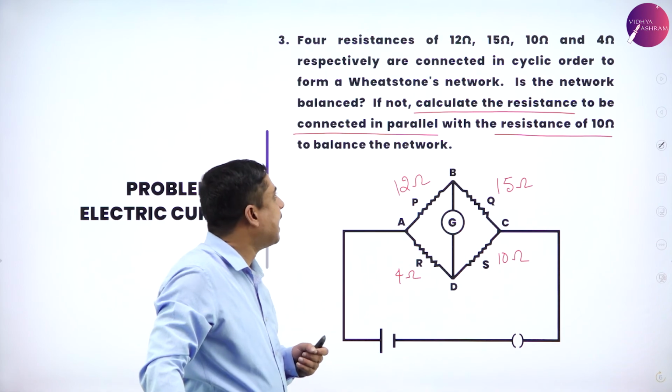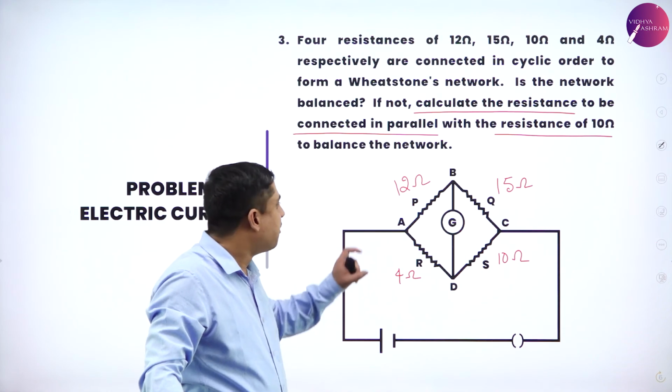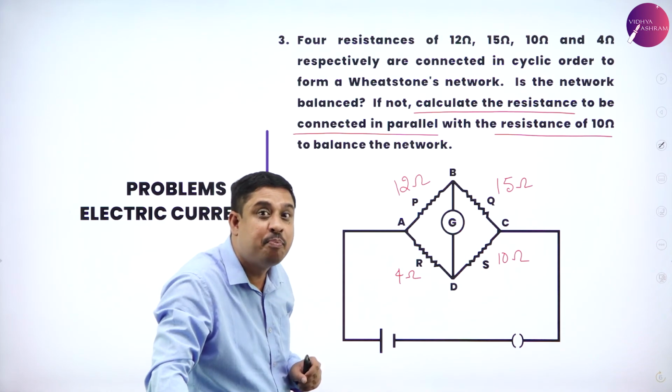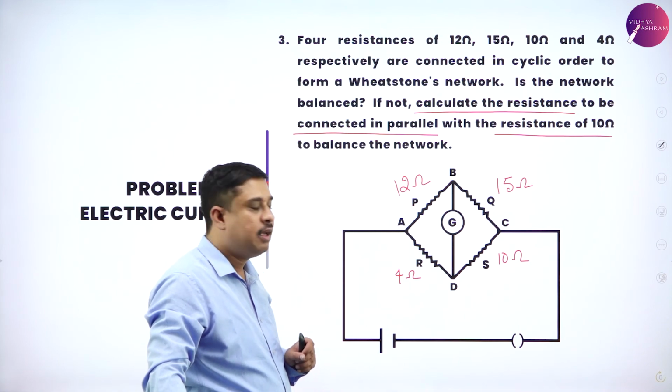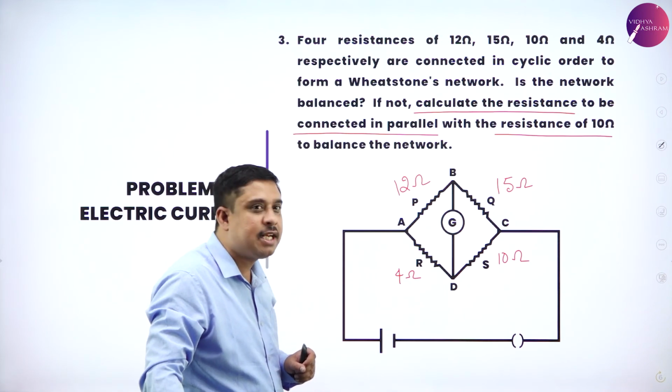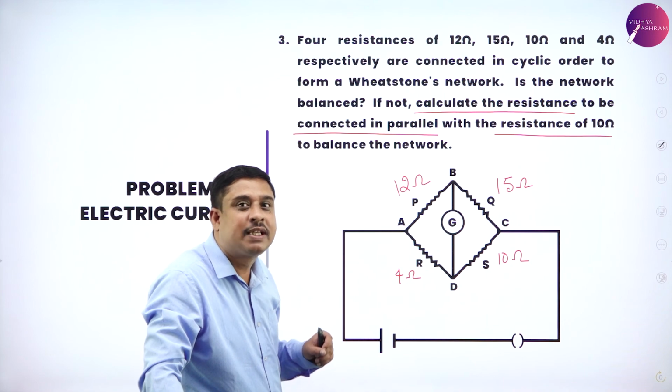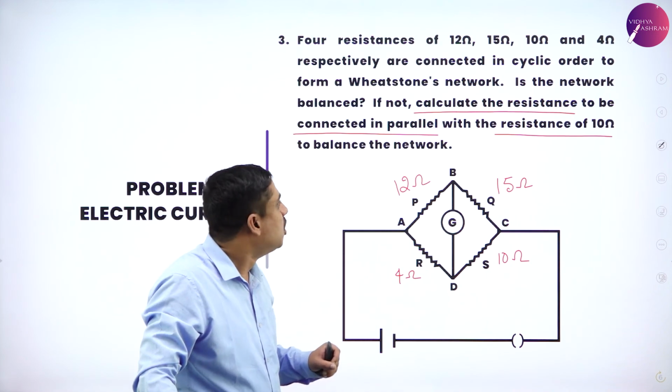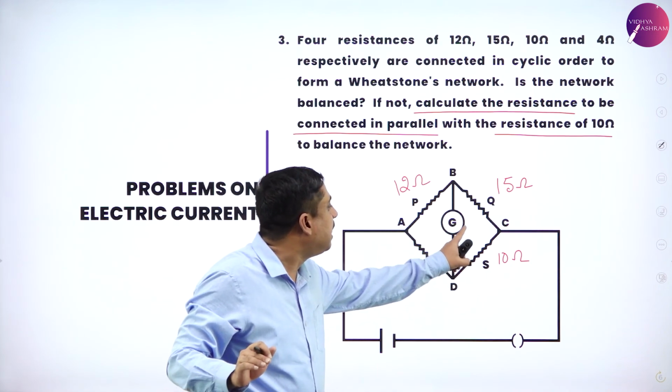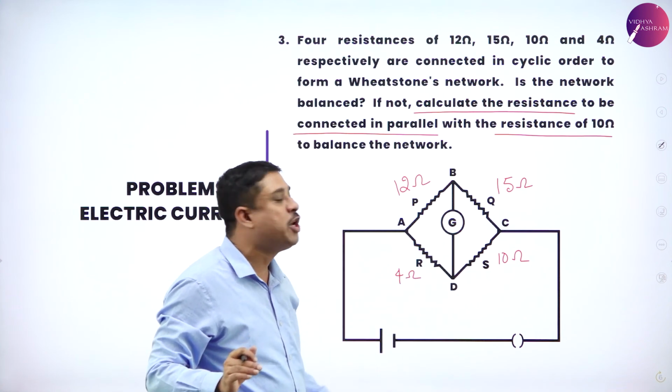The problem says, if the network is not balanced, find out the resistance to be connected in parallel with resistance of 10 ohms.